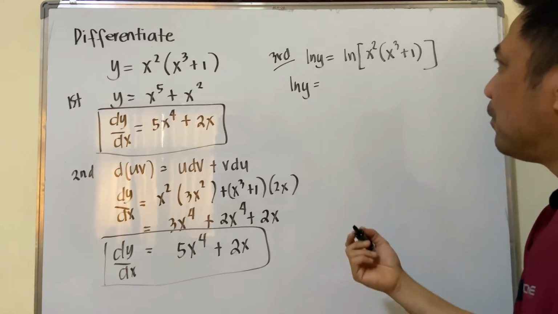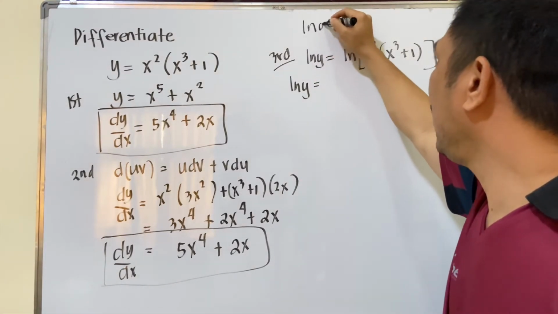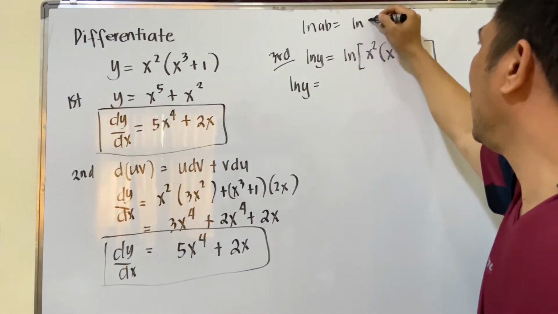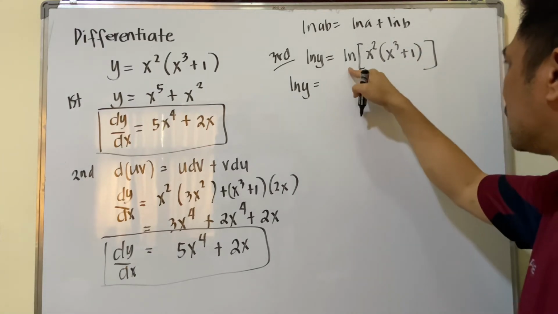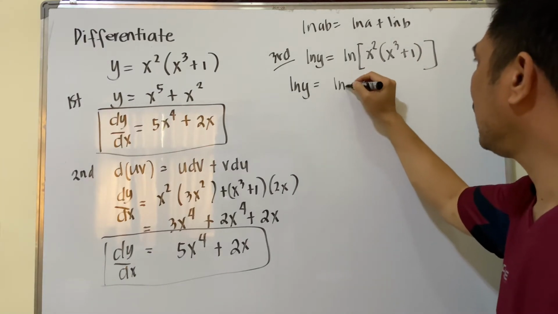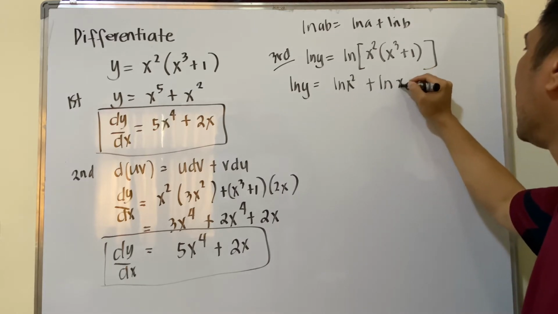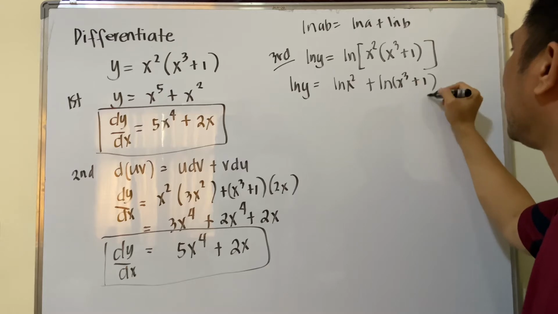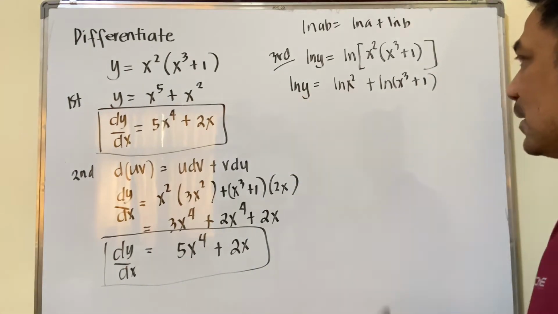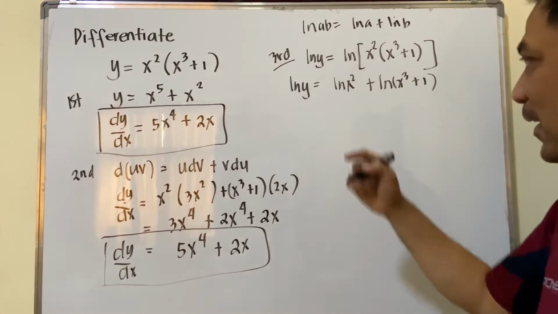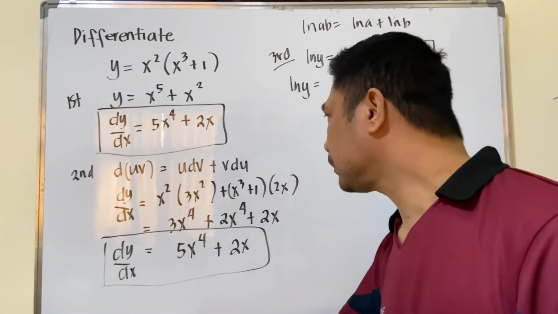Again, a review of our logarithms: if you have ln ab, that will be ln a plus ln b. So let's separate this: ln x squared plus ln of x cubed plus 1. Then you will do the differentiation.